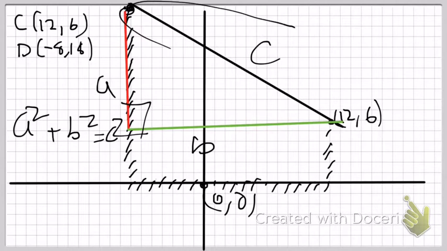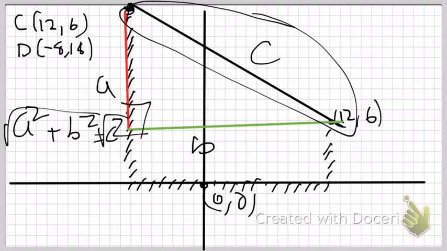Because we're looking for the distance of the hypotenuse right there, we want to isolate C. So we take the square root of both sides, and that gives us C equals the square root of A squared plus B squared. Now, if you have the distance formula in front of you, which you should if you have your book, you'll see that those two are very similar. And so what we want to look for here is what exactly represents A and B.